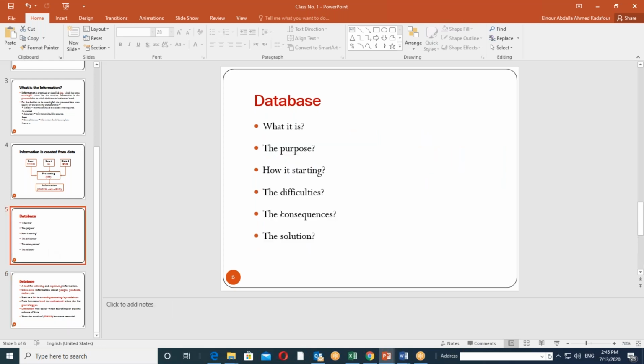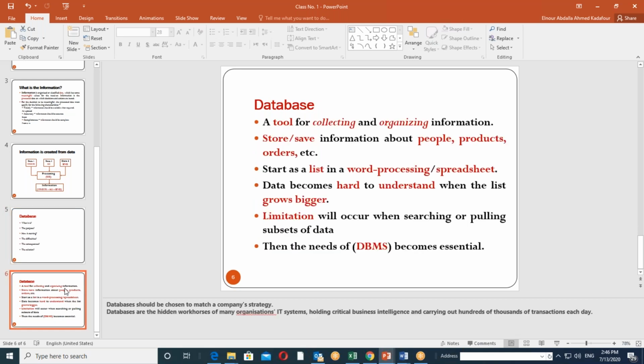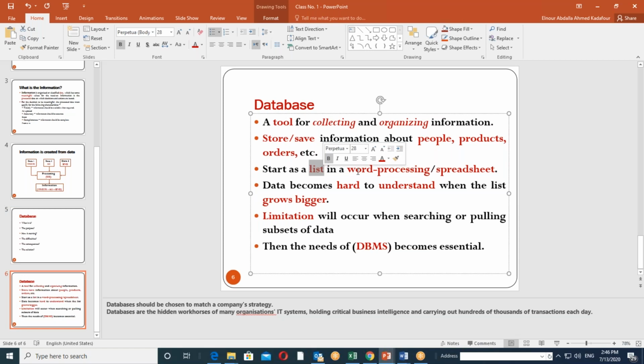Can any data be in the form of a database? No, unless it is column and row wise. Column and row wise, we call it a list. Whether on a computer or even paper based, it is just a list. It is not an electronic system. So it is a normal list.